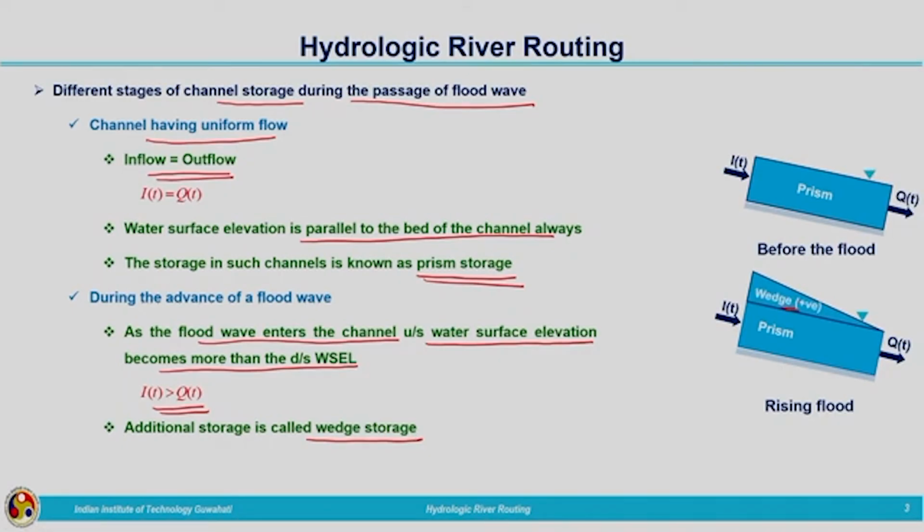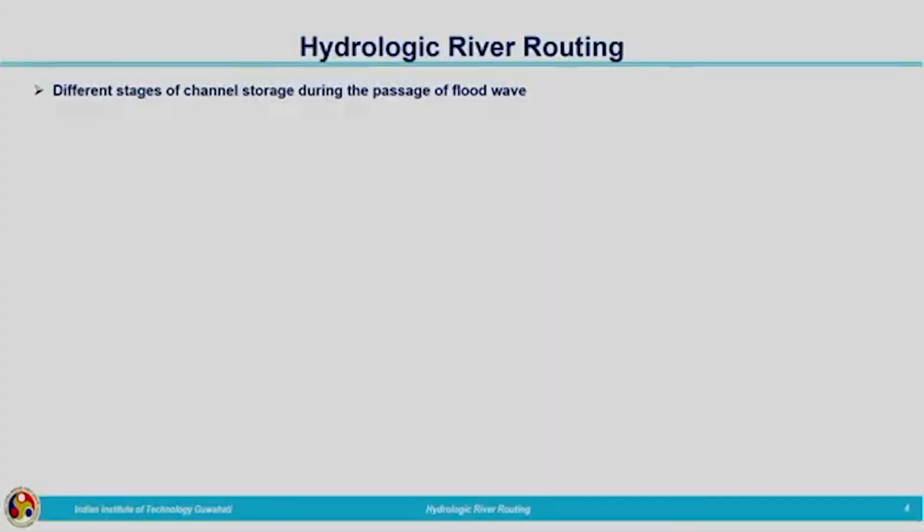In the case of a flood wave entering into the channel, upstream side we are having the wedge storage, that is known as the positive wedge, because there is an increase in the water level and at the same time storage is also increased due to the advancement of the flood wave. Now, what will happen as the flood wave traverses through the channel from upstream to downstream? It cannot be represented by means of the triangular wedge always. There will be undulations taking place in the water surface as it traverses from upstream to downstream.